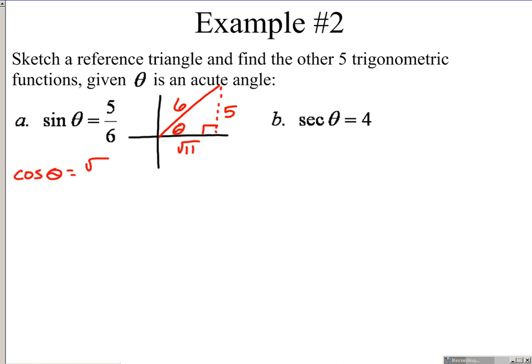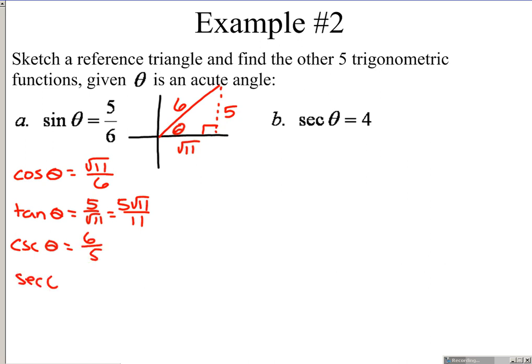Cosine, adjacent over hypotenuse. Tangent, opposite over adjacent. Rationalize. Cosecant, reciprocal of sine. Secant, reciprocal of cosine. And cotangent, reciprocal of tangent.